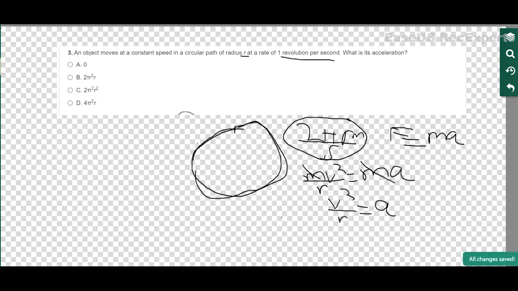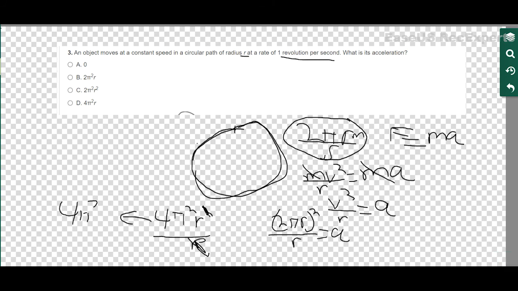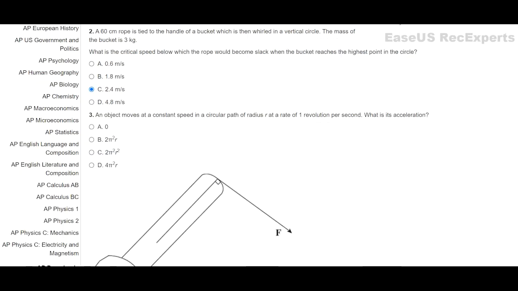So we would get 2 pi r, the entire thing squared, over r should be equal to our acceleration. Now if we were to work this out, we get 4 pi squared r squared over r, and this r cancels out. So we get 4 pi squared r, which corresponds to choice D.